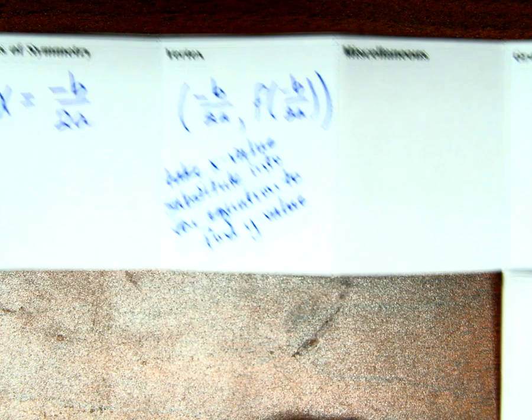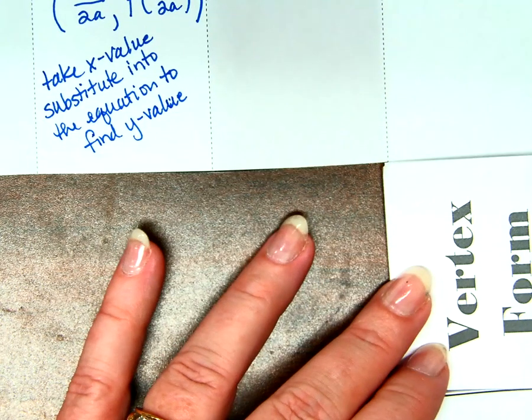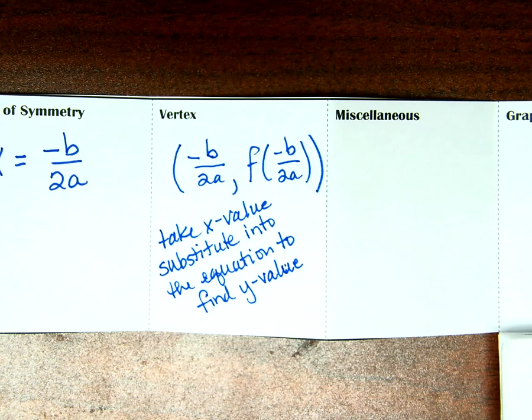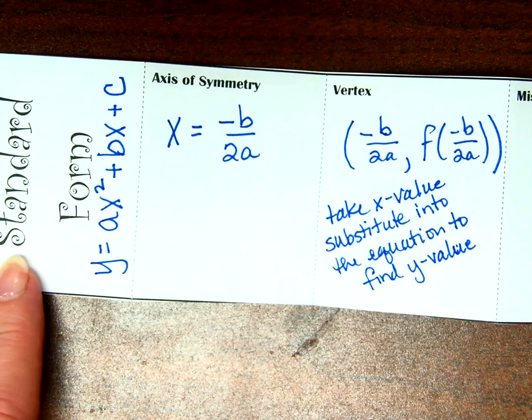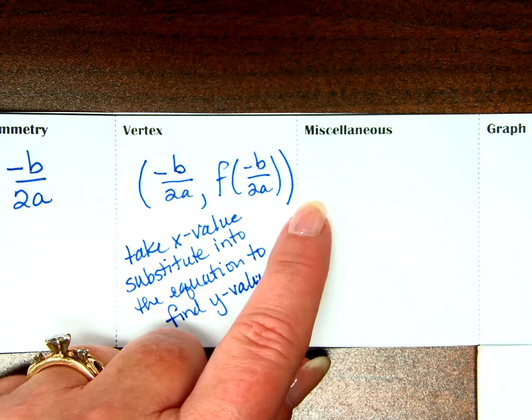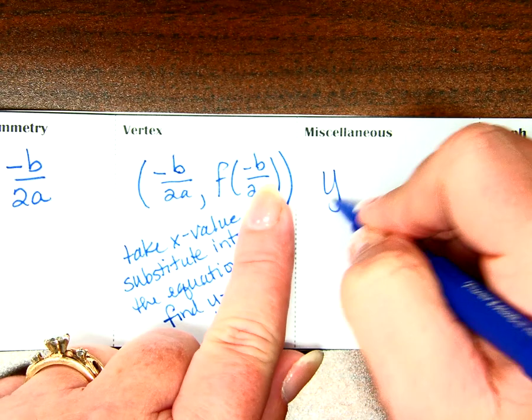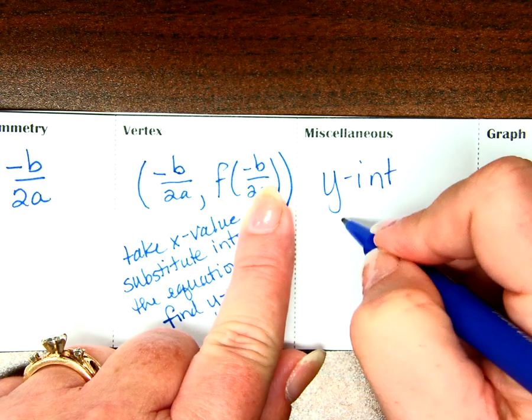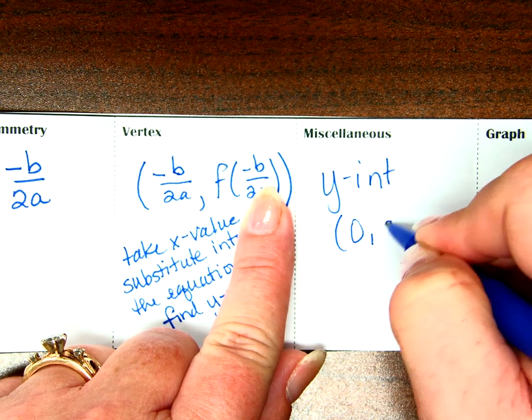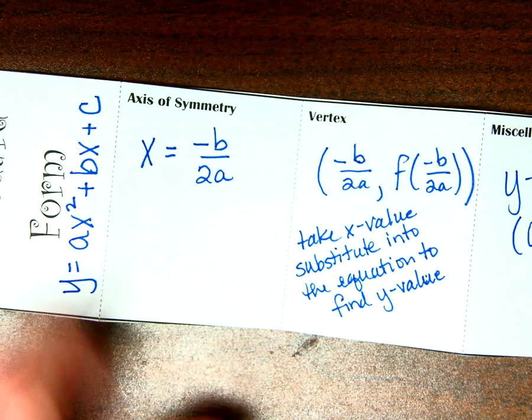Now you're going to see, hopefully, the benefit of each one of these forms in a second. Standard form, vertex form, and intercept form. Okay? The benefit of standard form is that you can immediately see the y-intercept. And the y-intercept is at 0, c. Like c.